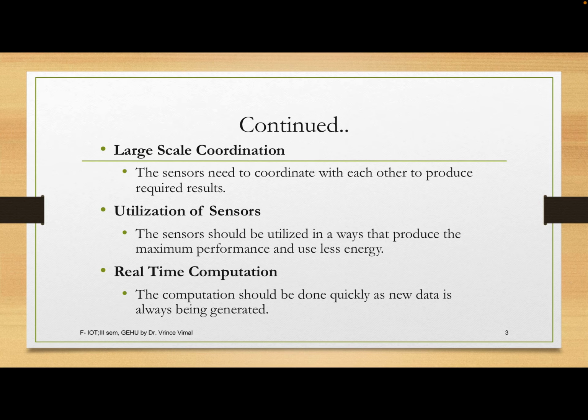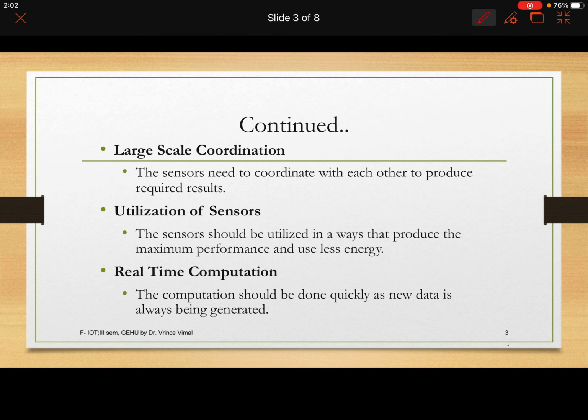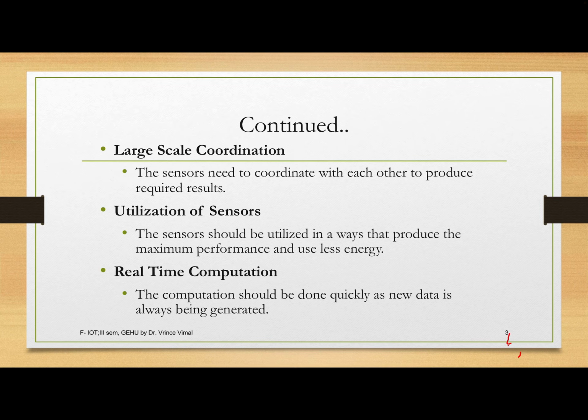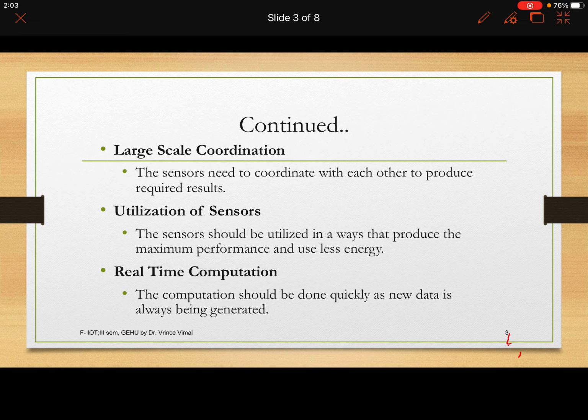We need a protocol that is scalable so that it can coordinate with the network. It starts working with a very small network and goes on dealing with thousands of nodes.